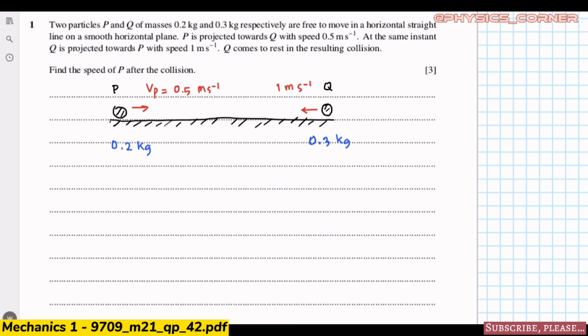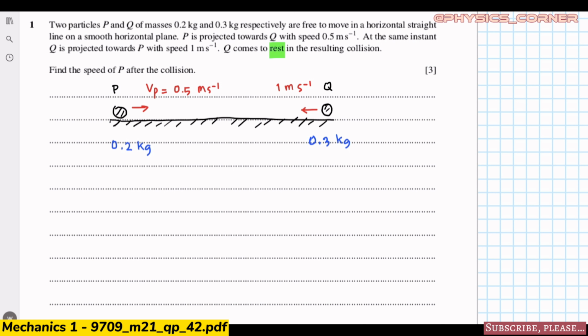Q comes to rest after they collide, as you can see here.